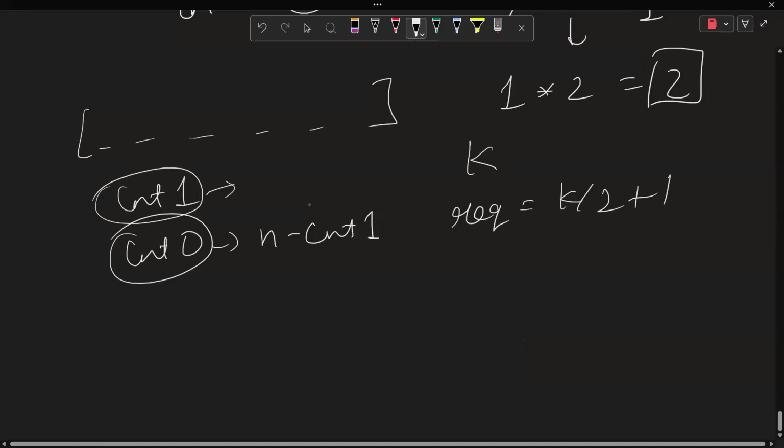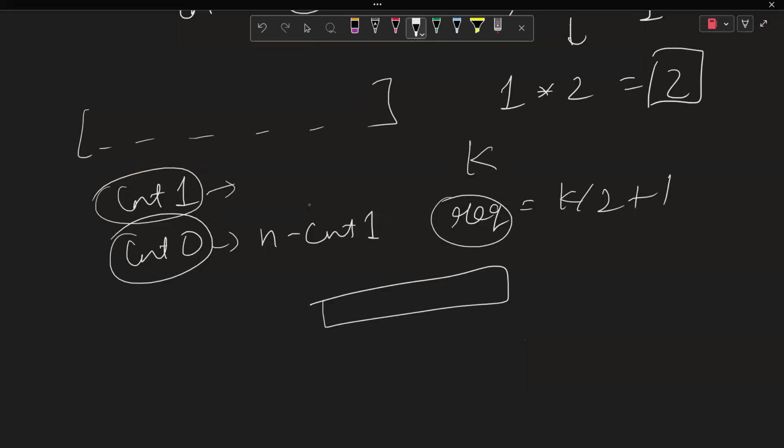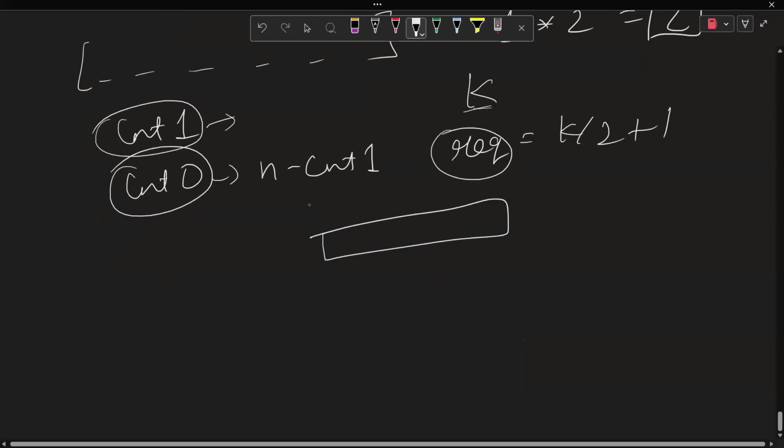So what we need is, for the subsequence, we need to have at least this many ones and the remaining should be zeros. So one possible scenario is: among count one elements, select the required number of ones. I hope you can understand that the number of available ones is this much, and we need this many ones.